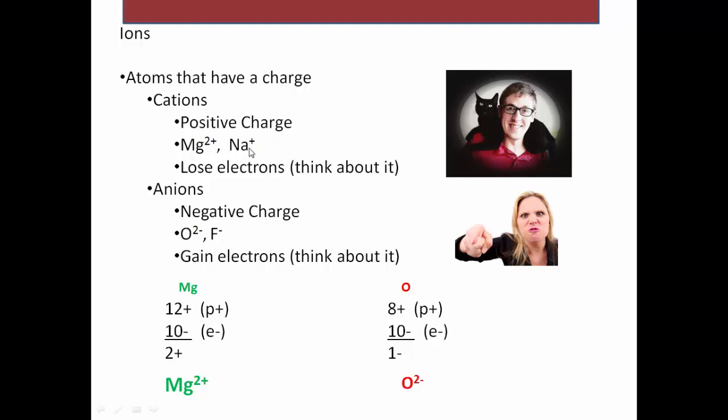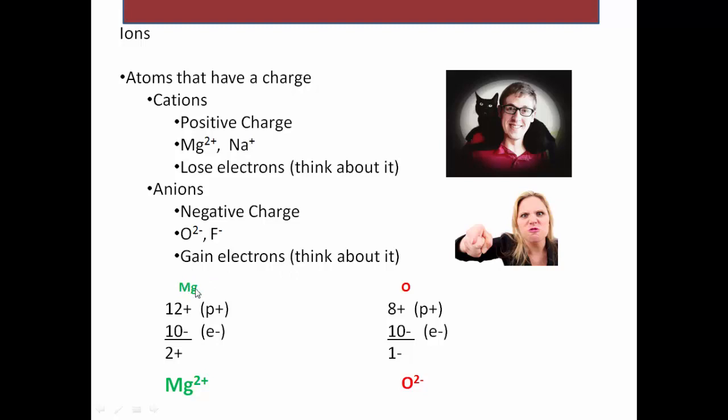So that's it. And these lose electrons. These lose electrons. That gives you a positive charge. Anions, these have a negative charge, and that's going to be a 2 minus, or this is a 1 minus. You don't have to write the ones. It's just an understood 1 minus, or just 1 plus. You can just write as plus. And these gain electrons. They have more negative charge.